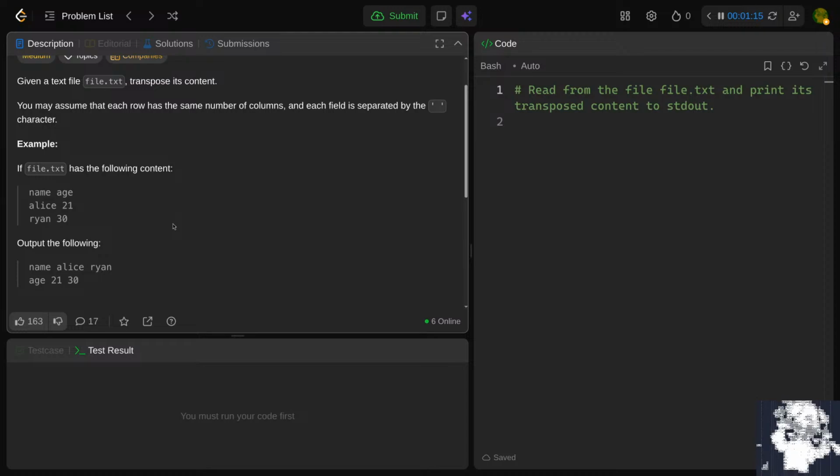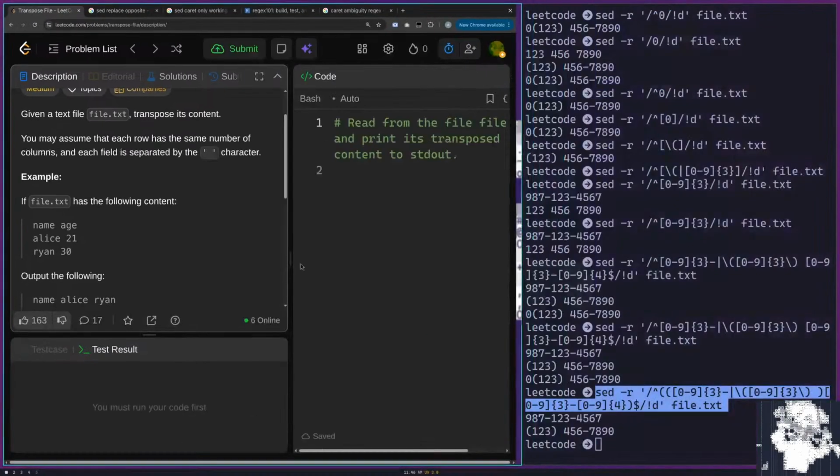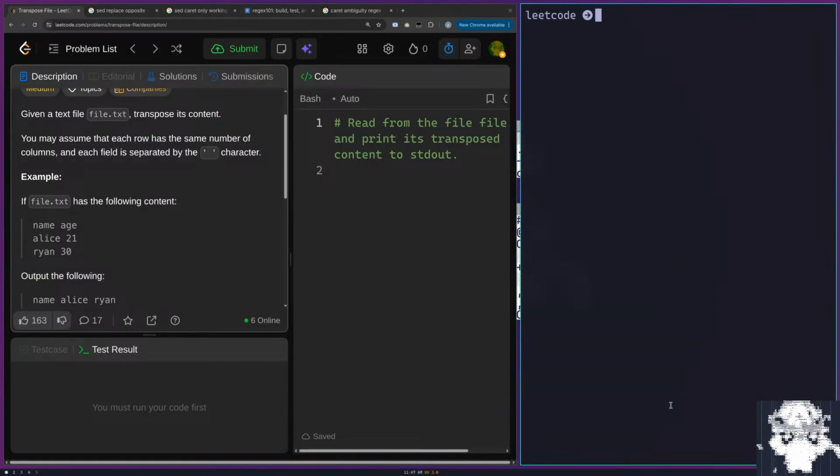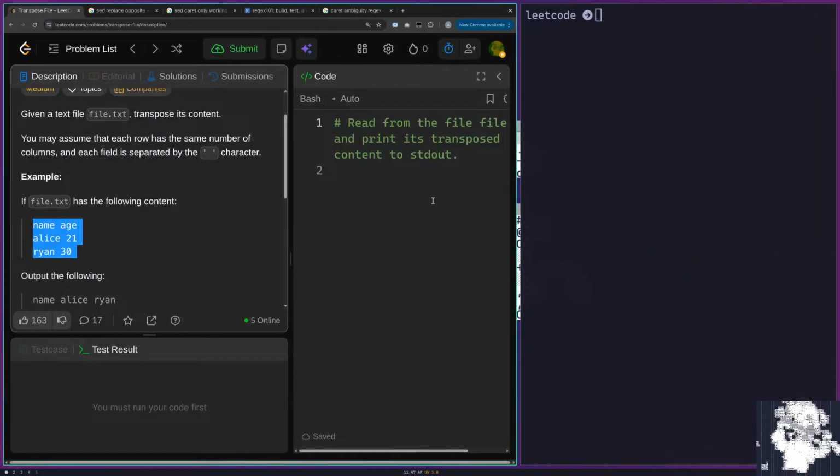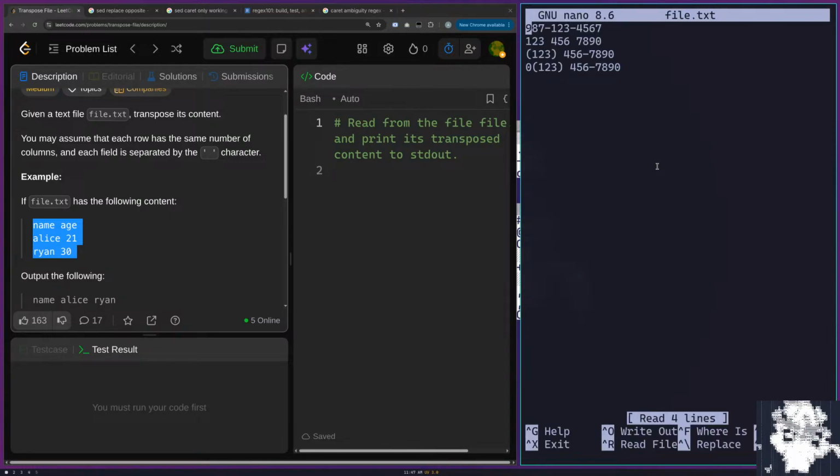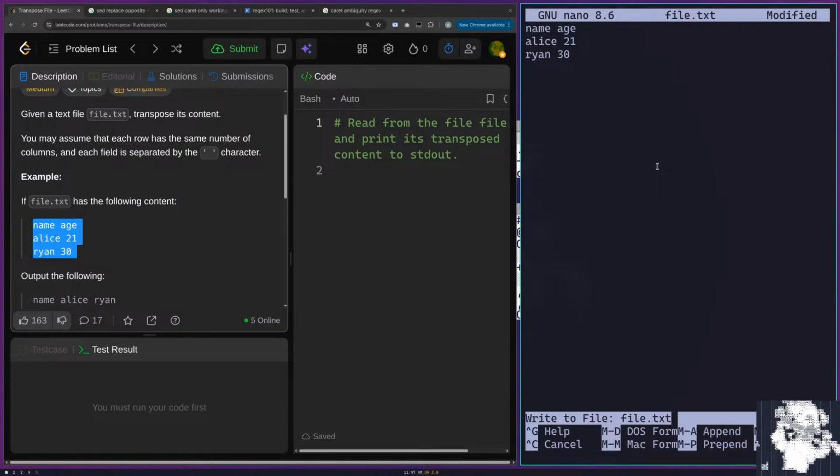Or, yeah, I can make successive greps that do this, right? So let's clear, let's copy this. Nano file.txt, you're gonna have this now. Save.